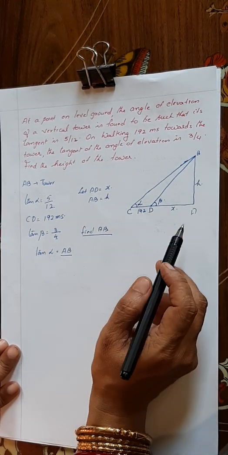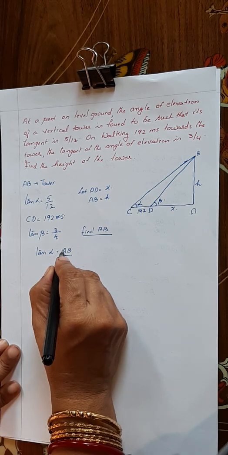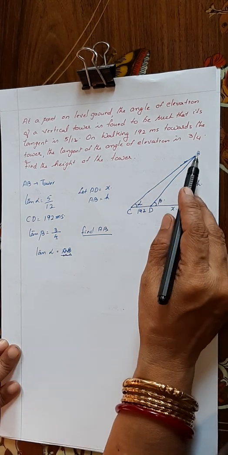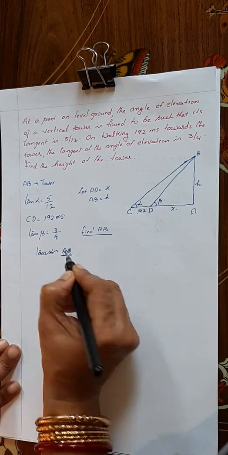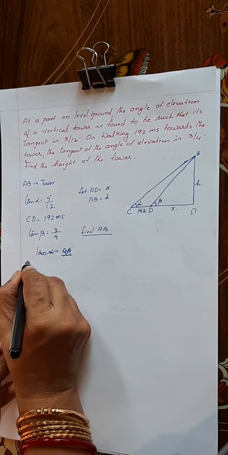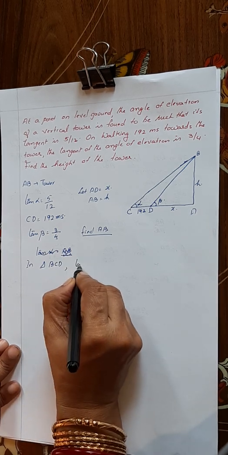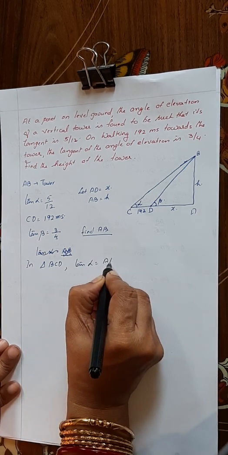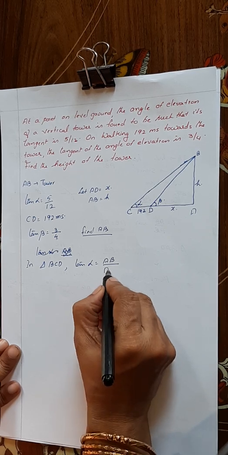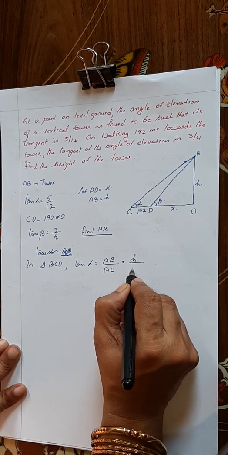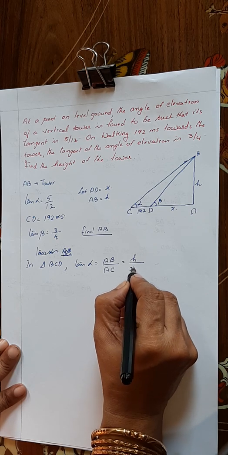In triangle BCA, tan alpha is equal to AB by AC, that is h by x plus 192.